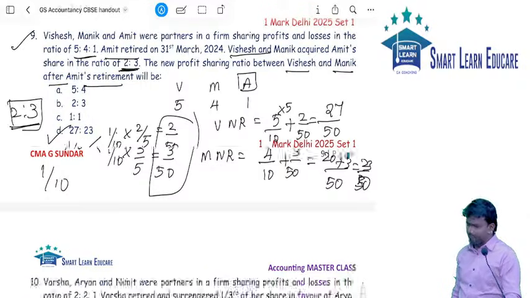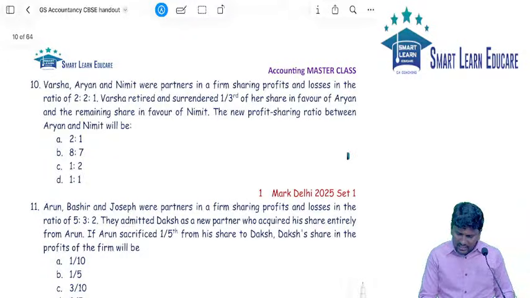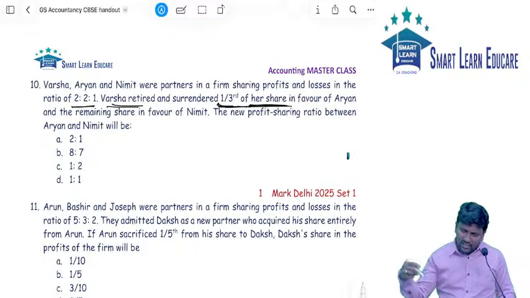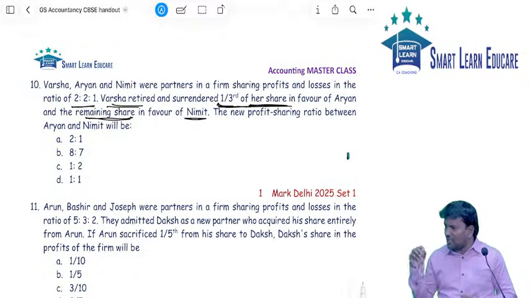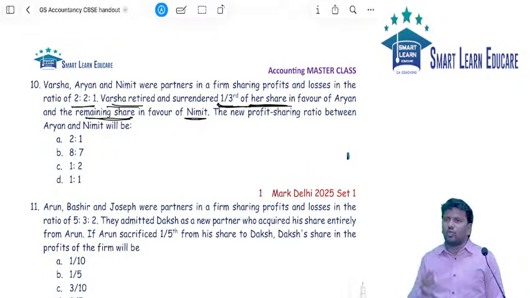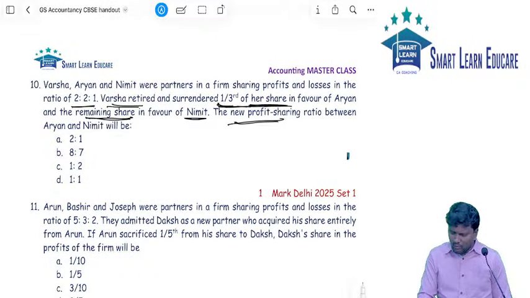Can we go to the next question? Next one. V, A, N were partners in a firm. Profit sharing ratio 2:2:1. Again, V retired. Like the previous sum, V retired and surrendered 1/3 of her share in favor of A, remaining in favor of N. So what is the ratio for this sum? If the ratio is given as in the previous sum, here 1/3 is given to A. So how much is remaining? 2/3. 2/3 is given to N. What is the new ratio? Same like the last question.